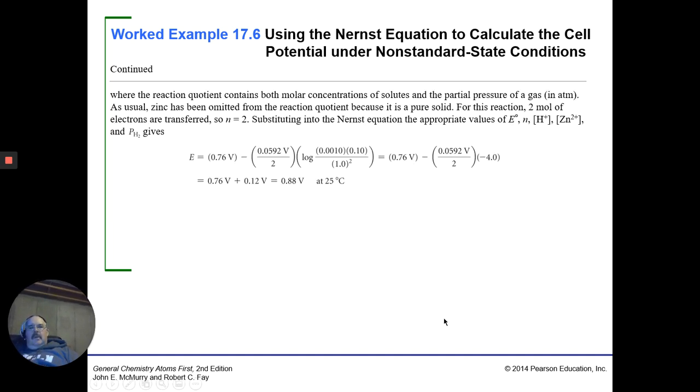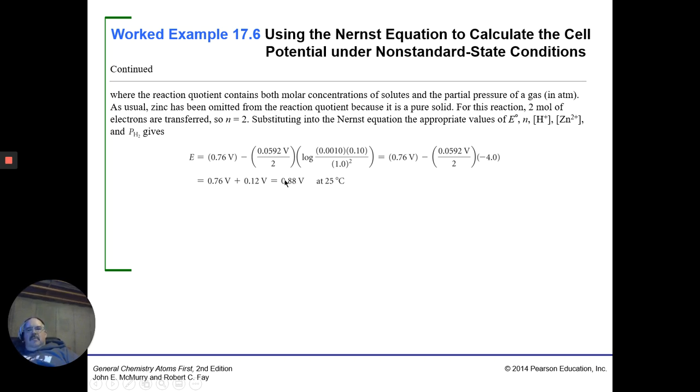Doing the calculation, these are the values that we filled in. Standard potential for this reaction is 0.76, and so the non-standard potential is 0.88.